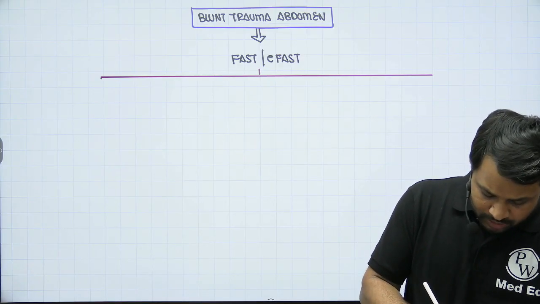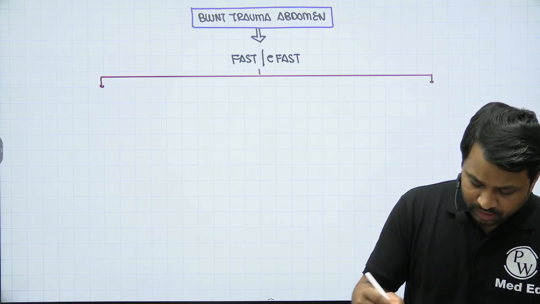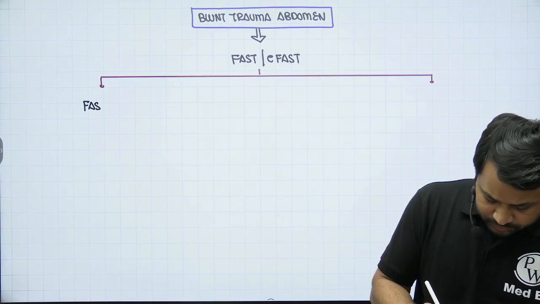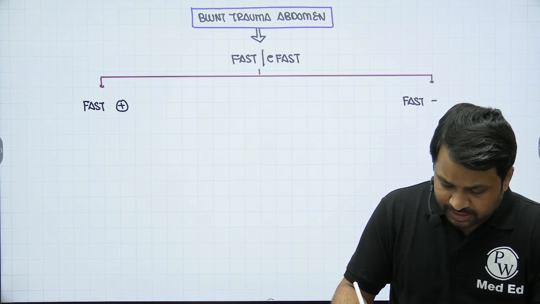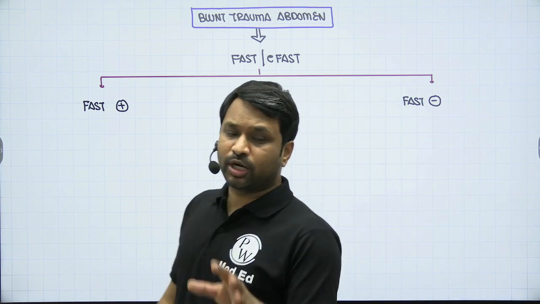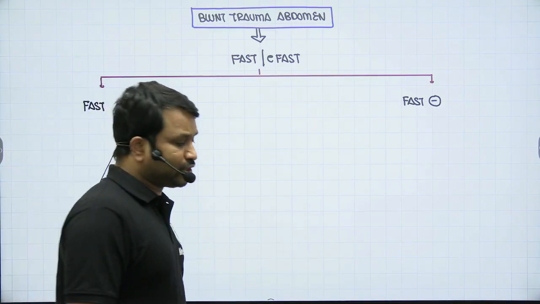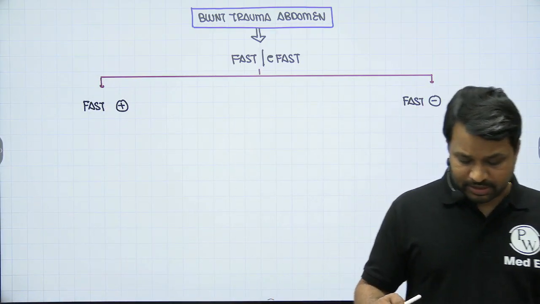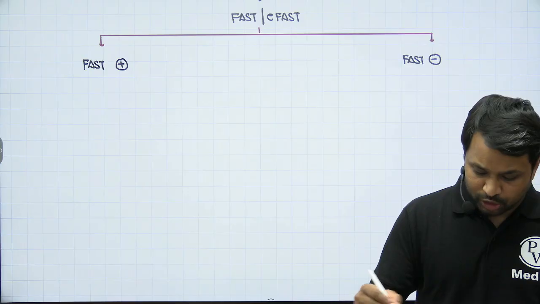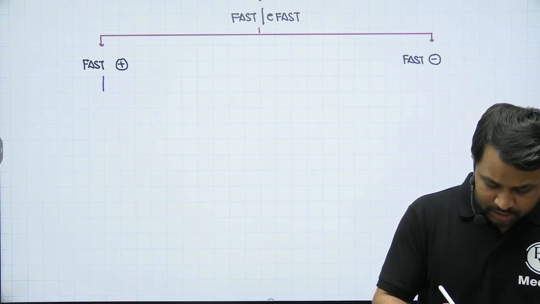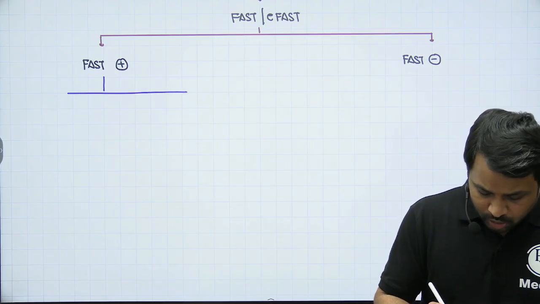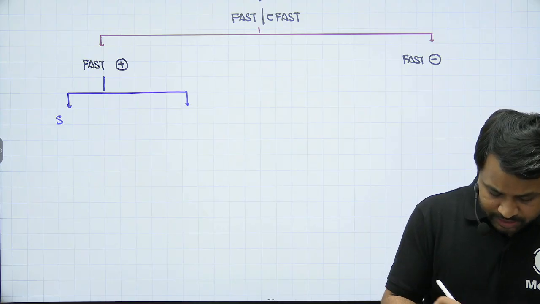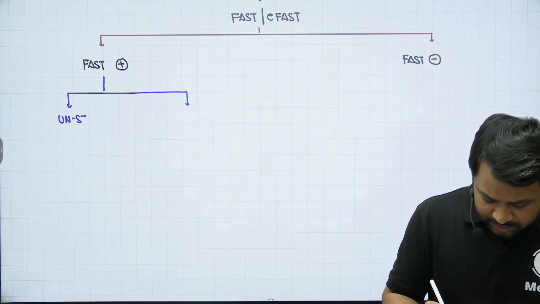What is FAST positive? FAST positive is when on ultrasound you can see significant fluid collection or some amount of collection present. Now, if it is FAST positive, you will assess whether the patient is hemodynamically stable or hemodynamically unstable.